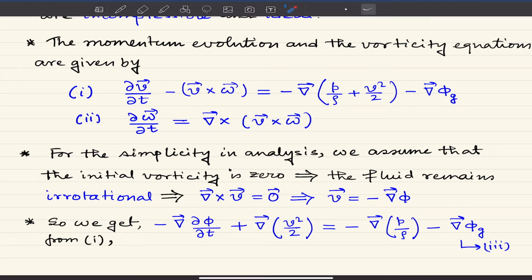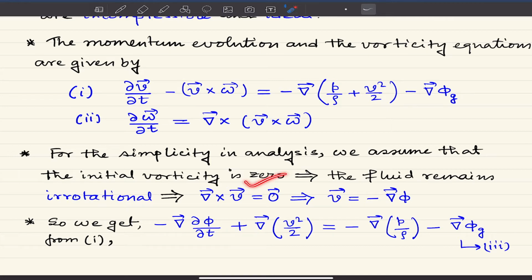So we also assume for simplicity of analysis that in our case the initial vorticity is 0. That is very much simplistic with respect to realistic cases. For realistic cases, the fluid interfaces always have some vorticity in general, and the system is very complex in general. Our system is very simple.